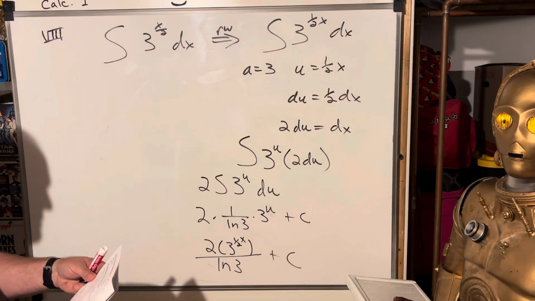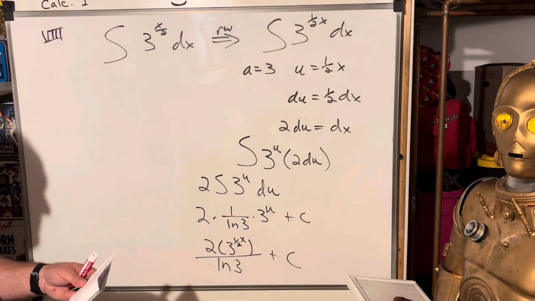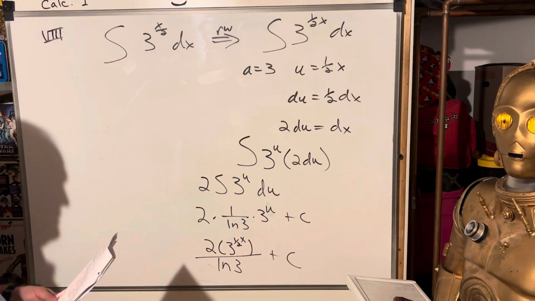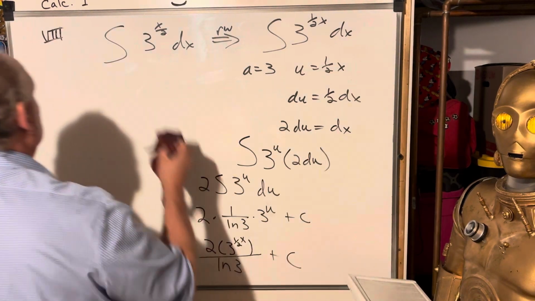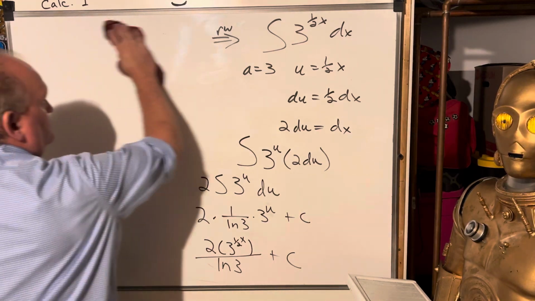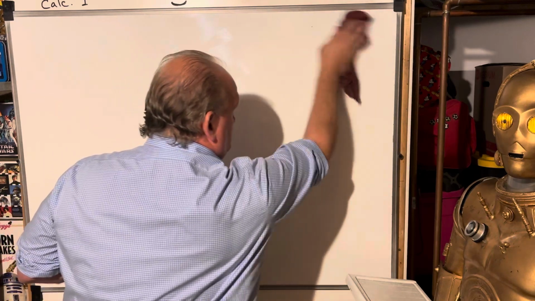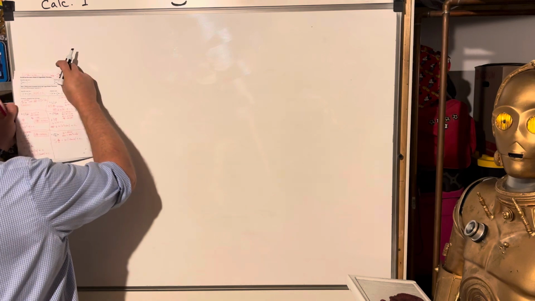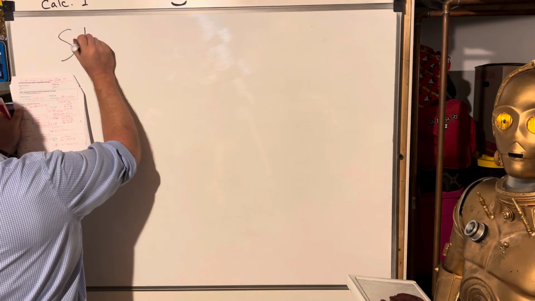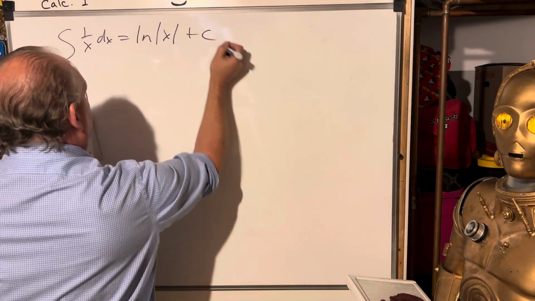Page 32, recall the derivative rules of log functions. You should know that. We'll write those down. The first blank there is ln of the absolute value of x, plus c.